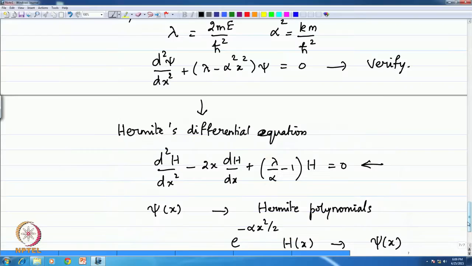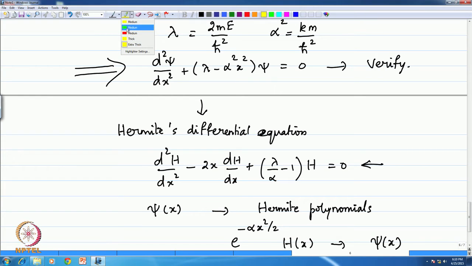What I would do is to write down directly the solution of this equation, and then we will only examine the nature of the solutions and the consequences of these solutions rather than solving the differential equation itself. This can be referred to at a later time.